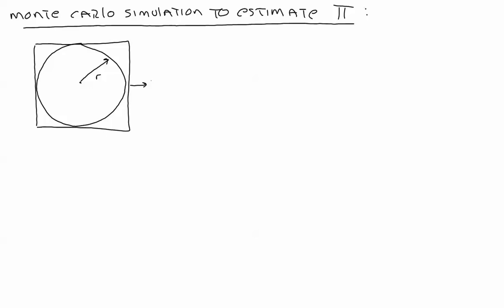We'll let this be the x direction, and we'll let that be the y direction. So I've got a square with a maximum inscribed circle.